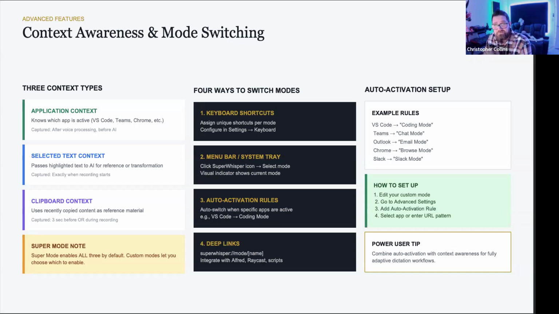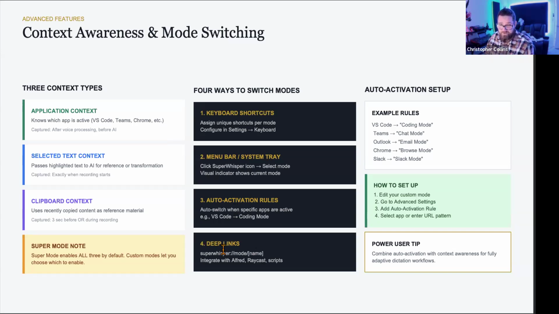You can switch modes manually. So if the application type that it picked up was, let's say, email, but maybe I have 3 different writing modes that I'd like to use for my email, then I can also trigger each different mode based off of the application. And you can do that through a shortcut. You can do that through the menus and the system tray. You can also just set up auto activation rules, or you can provide deep links.